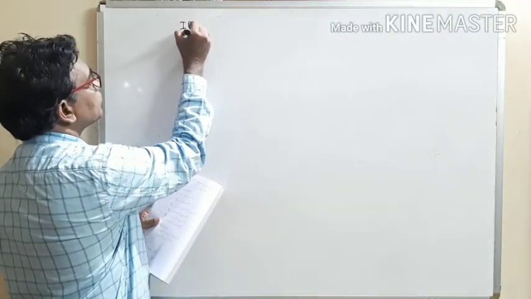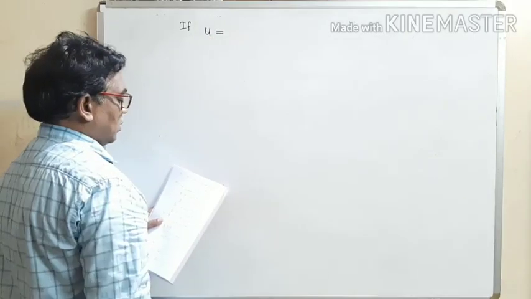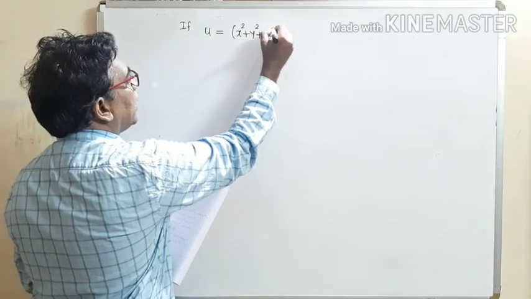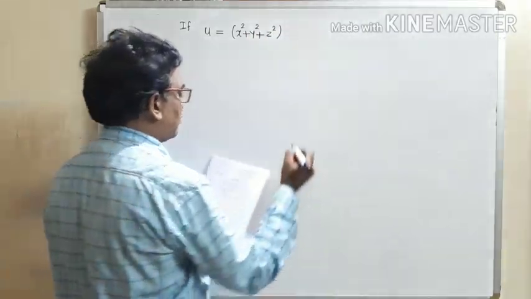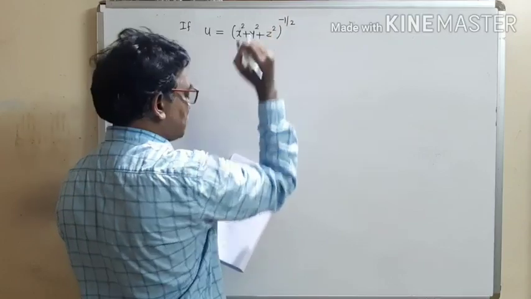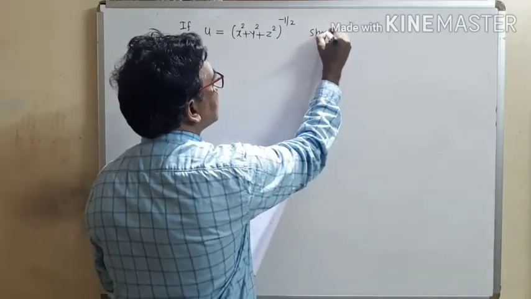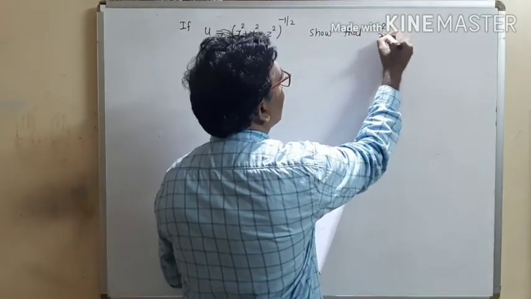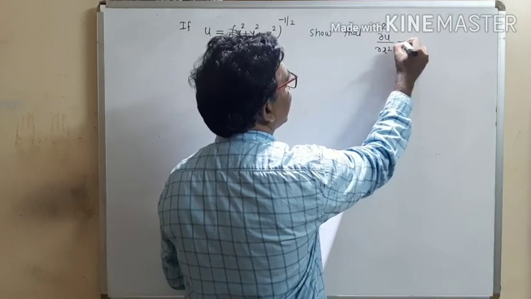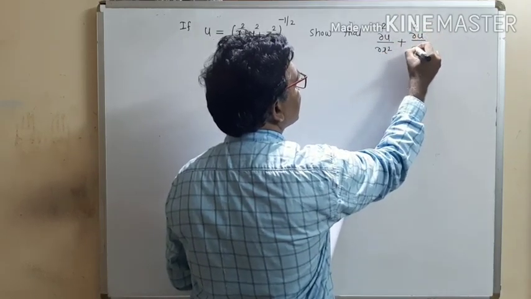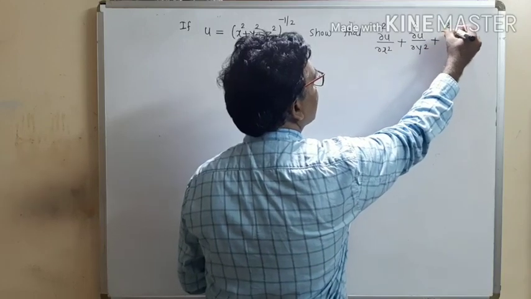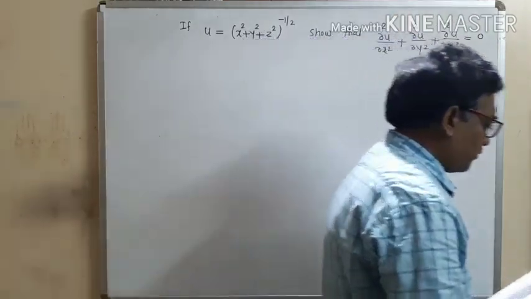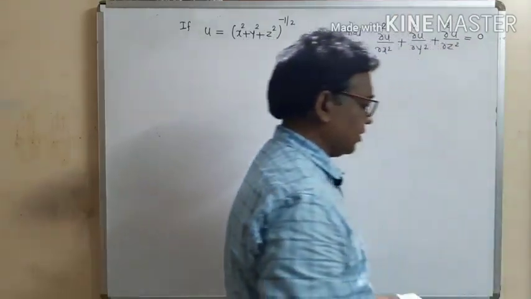If u is equal to (x square plus y square plus z square) raised to minus half, show that ∂²u/∂x² plus ∂²u/∂y² plus ∂²u/∂z², show that this sum of partial derivatives is equal to 0.